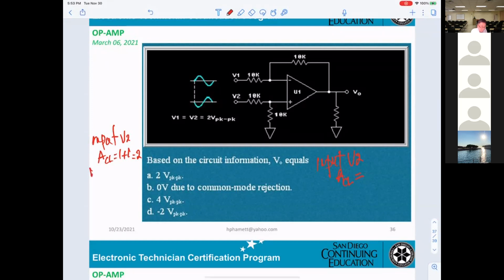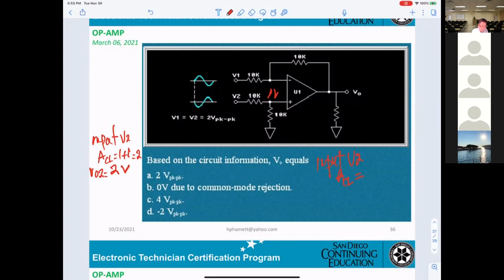And V out 2 equals the gain times the input here. Gain equals 2 and the input here equals 1 volt. So that's why it equals 2 volt.